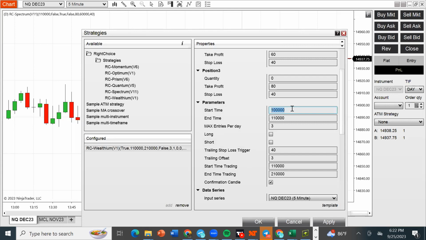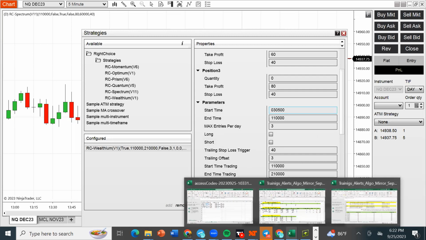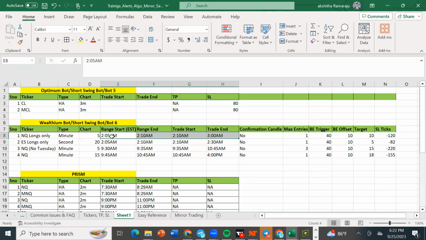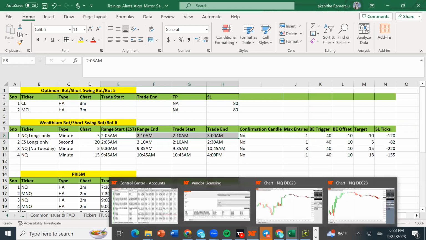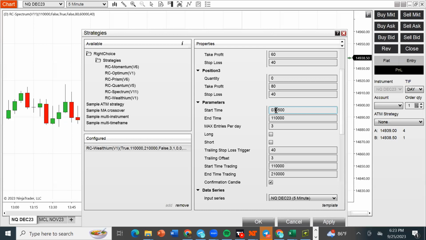So here, for example, because I'm in central, what I'll do is, because here it is 2:05 a.m., actually I should give 1:05. This is EST time frame. So range start 2:05 to 2:10, and trading is between 2:10 to 3 a.m. So I'll give 1:05 because I'm in central, and 1:10. So if it is 1:05 in central, then it is 2:05 in eastern.